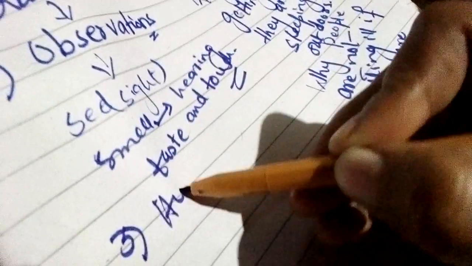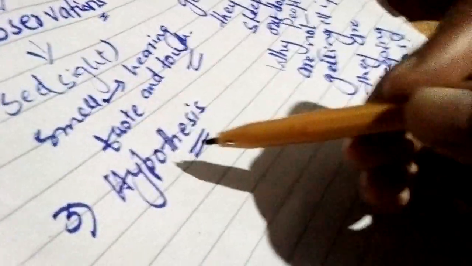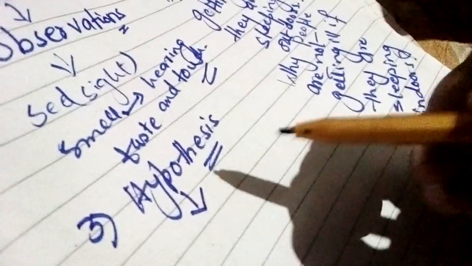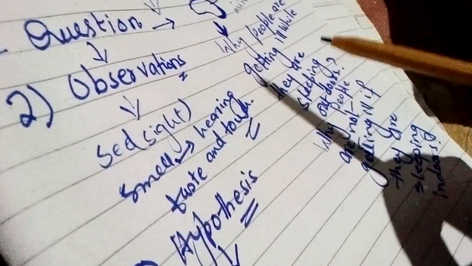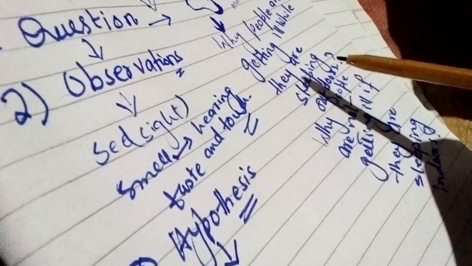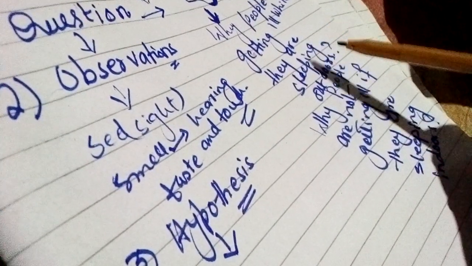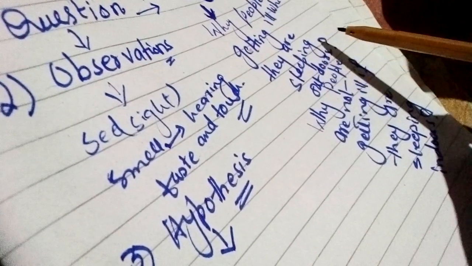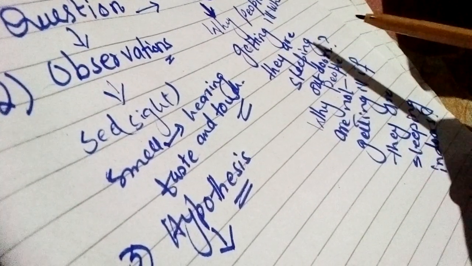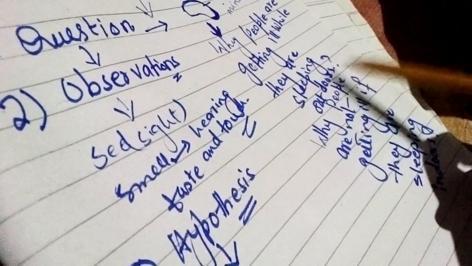Third, we make the hypothesis. A hypothesis is a simple statement. For example, if I guess that people who are sleeping outdoors are being bitten by an insect, maybe this insect is a mosquito.